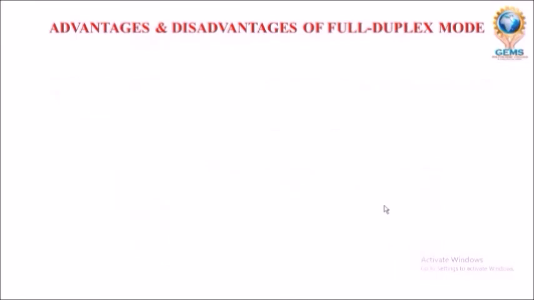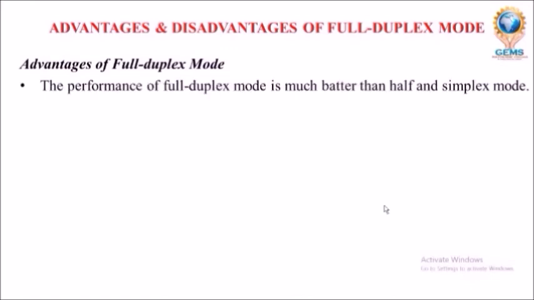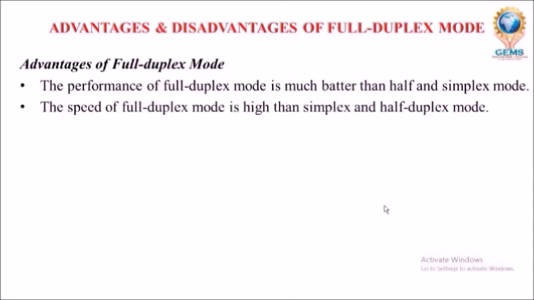So let's talk about some advantages and disadvantages of full duplex mode. Advantages first. Naturally, when a path is used for two-way at the same time, the performance will really increase. That's what is included in the first point: the performance of full duplex is much better than that of the earlier transmission modes, right? Second, the speed of full duplex is much higher than the simplex mode or half duplex mode, right?